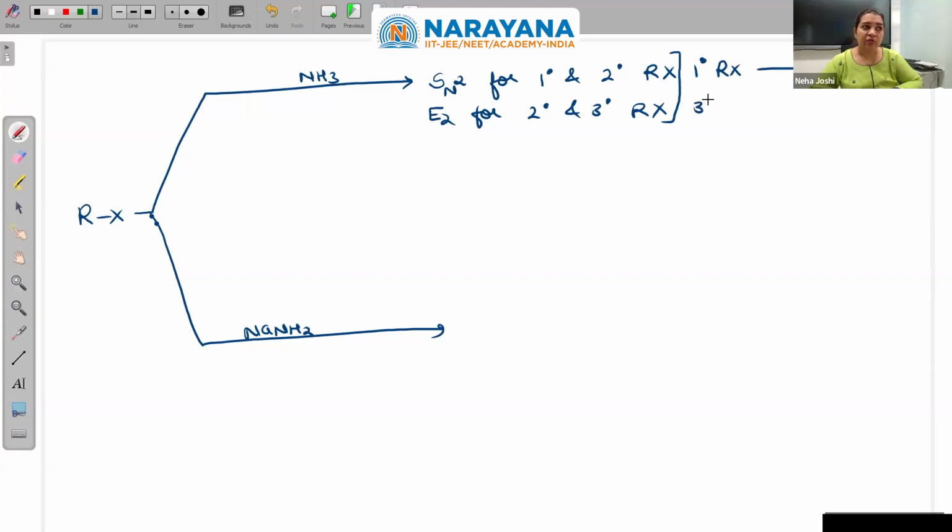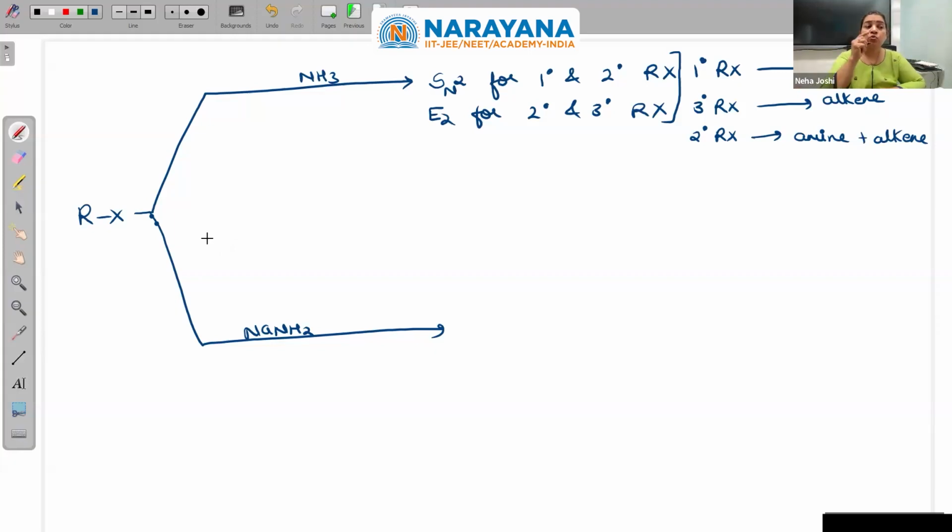If I have a 3 degree alkyl halide, I will primarily have alkene as a product. Okay, as a major product, of course, we are not talking minors, will be others. But if I have a 2 degree alkyl halide, then I will definitely have a mixture of amine plus alkene. It can give you both.